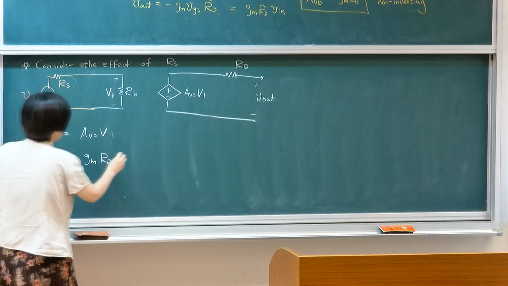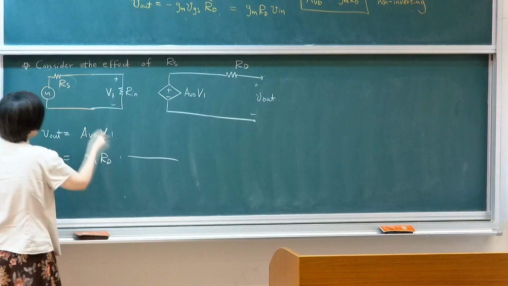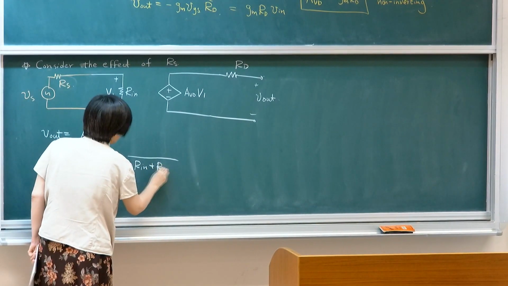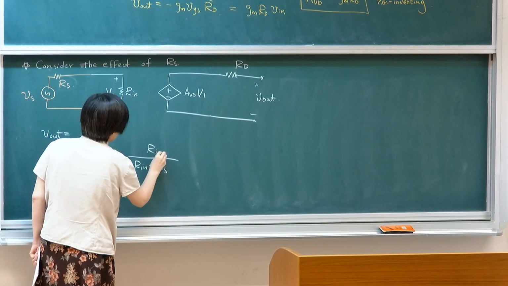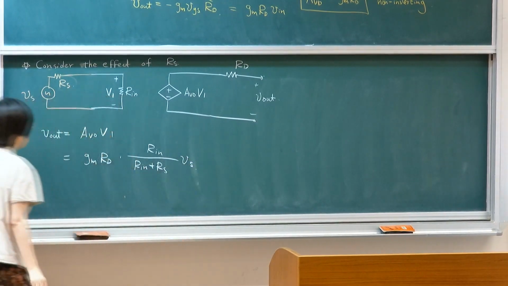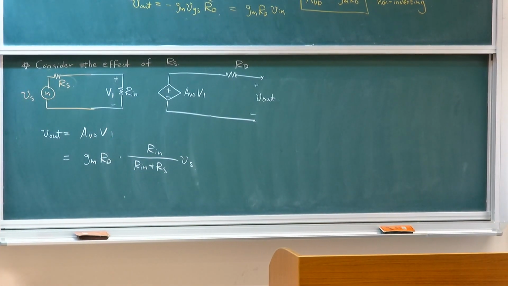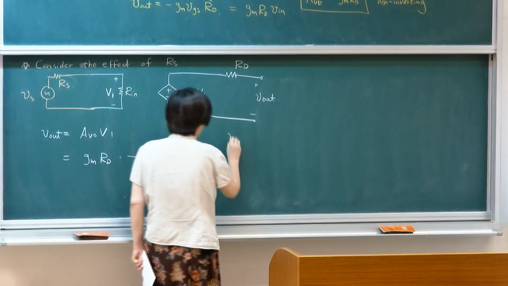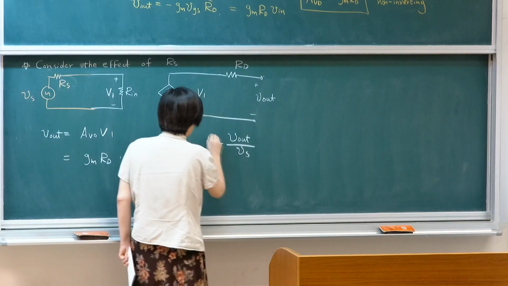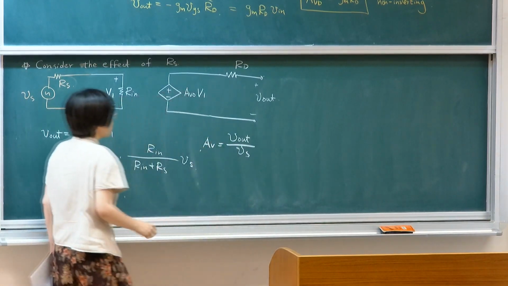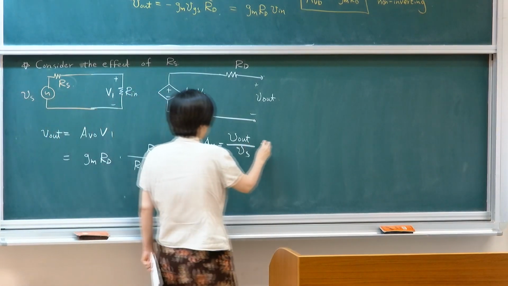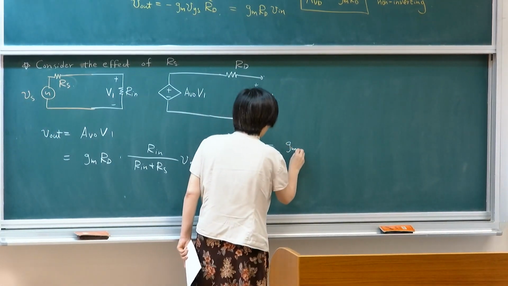V1 will become Rn over Rs plus Rn, times Vs. So the actual gain, output versus Vs, the revised gain when Rs is being included, will become GMRD times that factor.